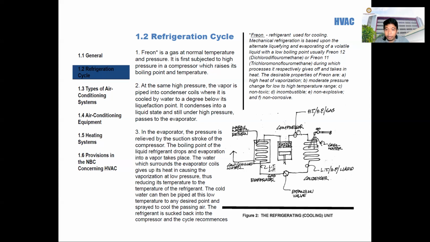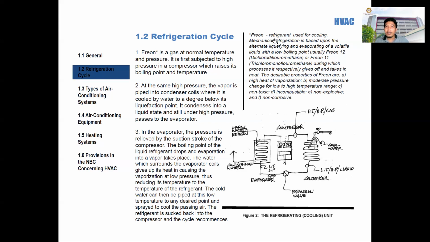Also going to the compressor, you have here the warm water return. And then this one is the cold or chilled water. So from cold water to the chilled water. So this is the refrigerating or the cooling unit figure.